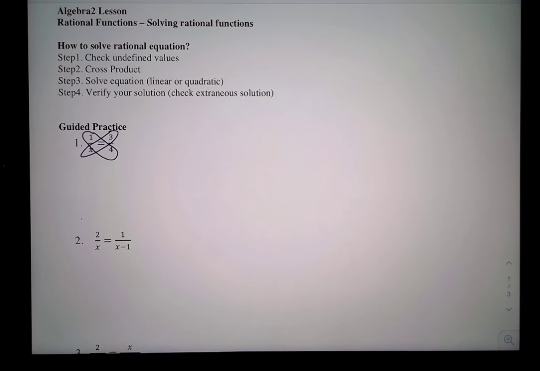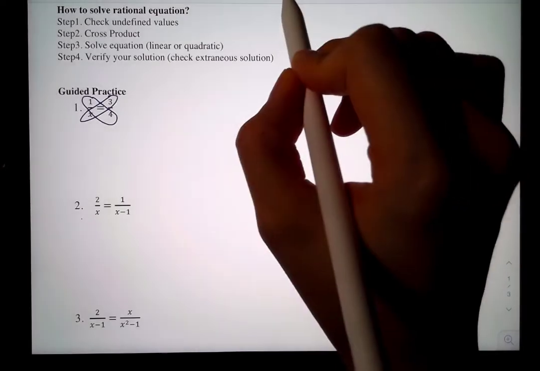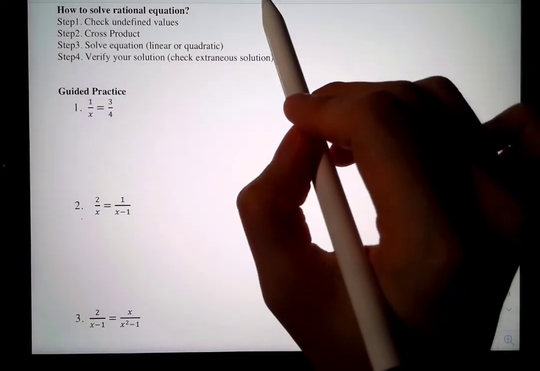That could be linear, that could be quadratic. Alright? And after that, whenever you get a solution, you will verify your solution. So that means we are checking whether the solution you got is extraneous or not. Alright? So look at this. I'm gonna follow the steps and show you a couple problems, and that's it. So let's look at this one, guys.